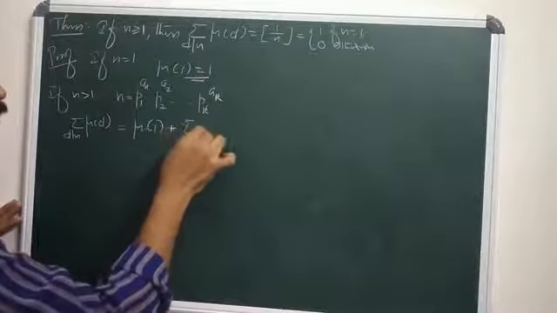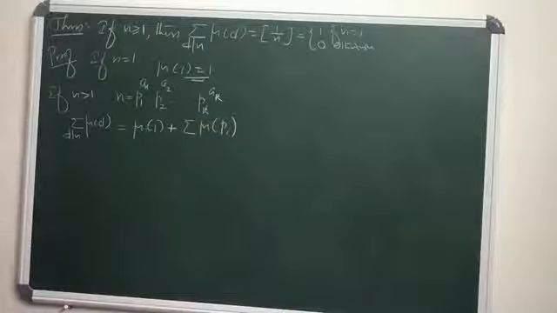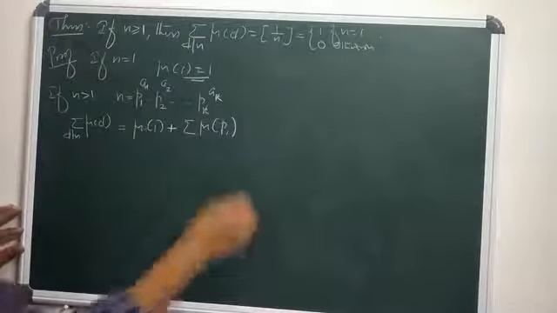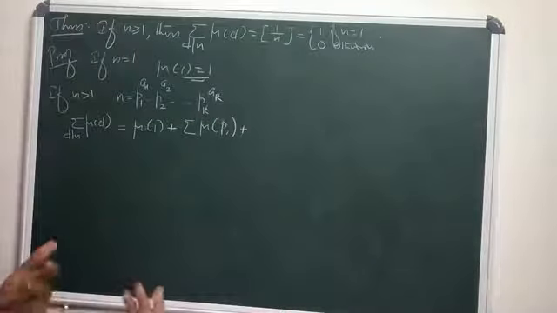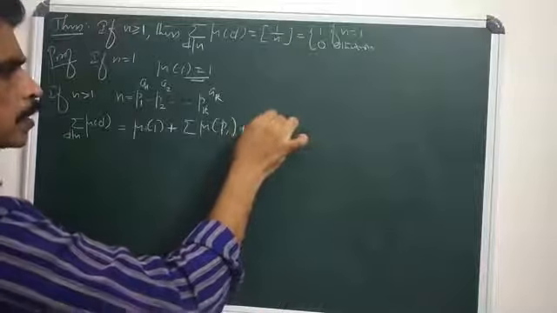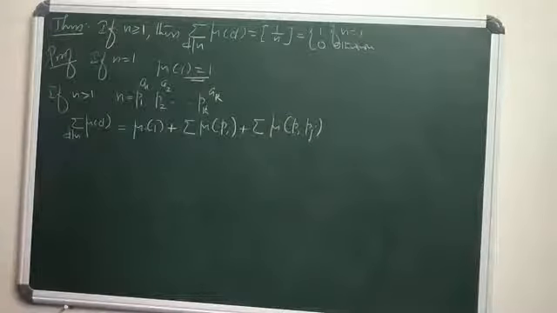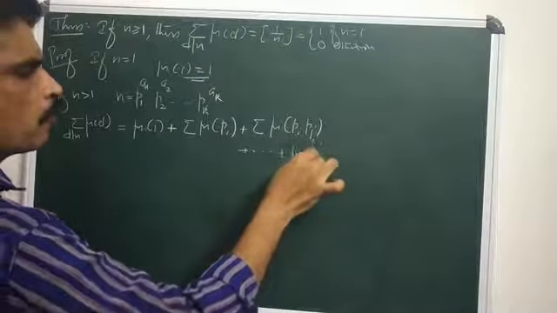So it is sigma mu of pi, that is mu of p1 plus mu of p2 plus mu of p3 plus etc. Plus, when d equals p1 into p2, or p1 into p3, or p2 into p3, and so on, that is the product of two distinct primes, so it is again sigma mu of pi pj, plus etc.